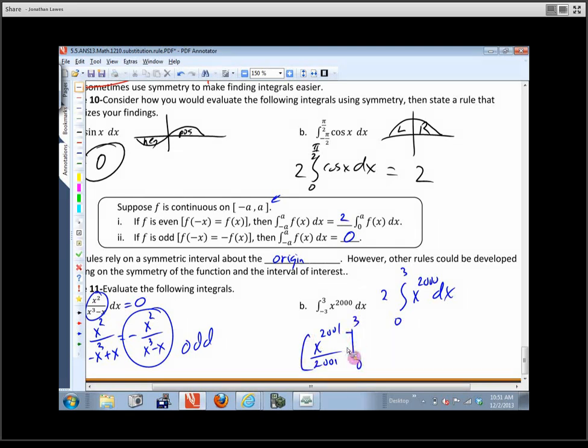And then again, we double that answer. The advantage you have here is that one of these is really easy to evaluate. When you plug in a 0, you get a 0. So the answer on this one is 2 times 3 to the 2001st over 2001. And that's it, because when you plug in a 0, you just get 0. Any questions?